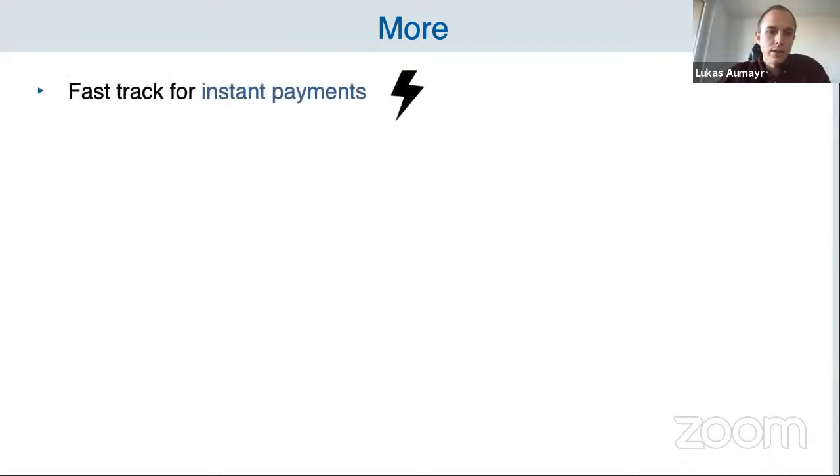However, in the case that there are only honest users, you still might not want to wait until this timeout T expires, which is why we introduced the fast track for payments. And this is an optional second round of communication for efficiency reasons, which we can use to achieve also these instant payments, similar to what we have also in the Lightning network in the case of honest payments.